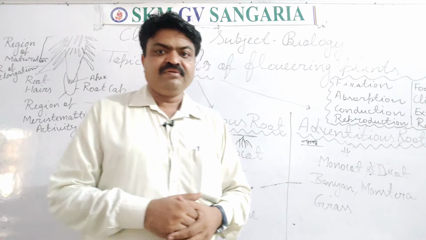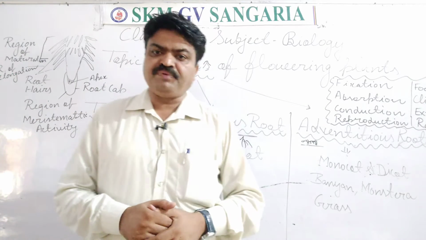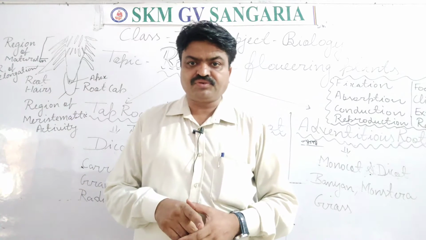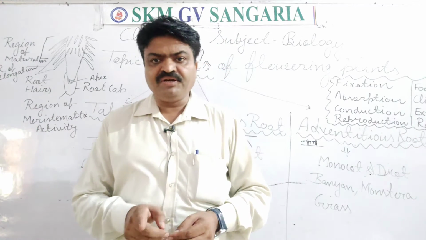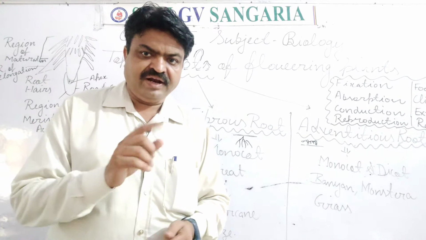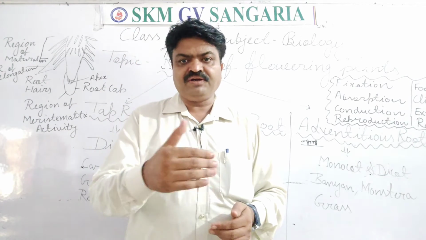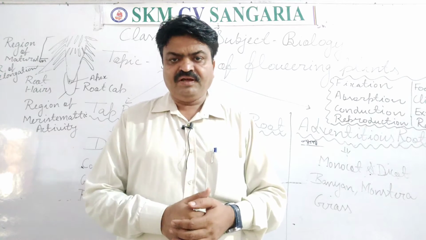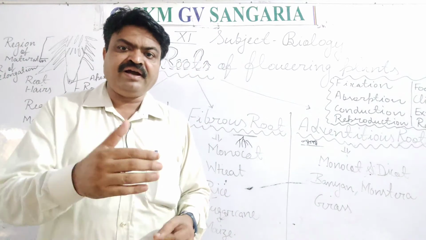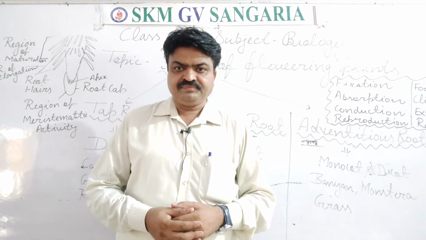First is the radicle, second is the plumule. The radicle develops into the root and the plumule develops into the shoot. The radicle first develops into the primary root, and that primary root develops into secondary and tertiary roots.